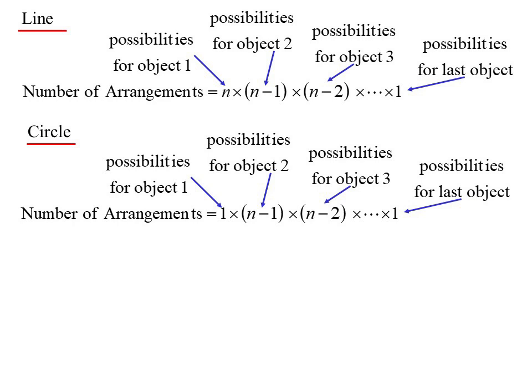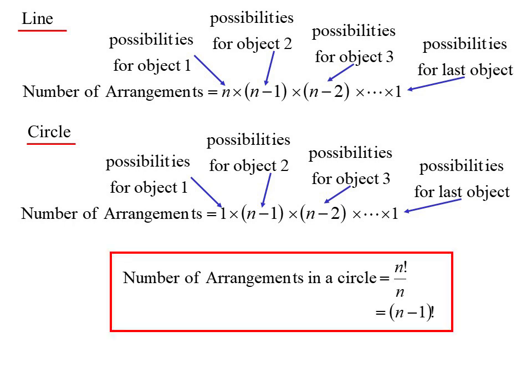So it's all down to that first object. The number of arrangements becomes n factorial, but we're dividing out by the number of ways that first object could be placed. That first object could be placed in n positions, which becomes (n-1) factorial. So we're dividing the n into the n factorial.